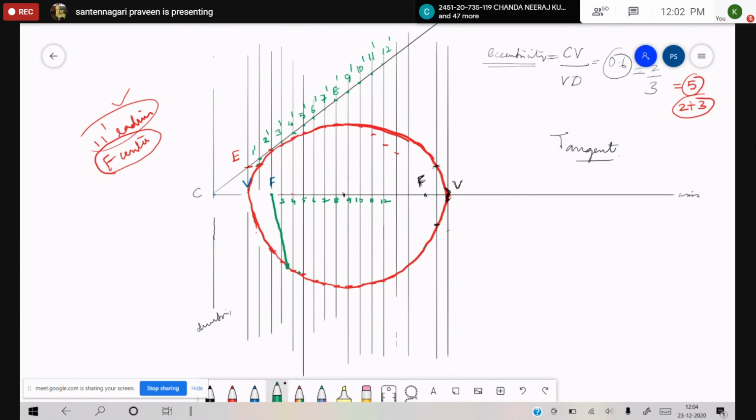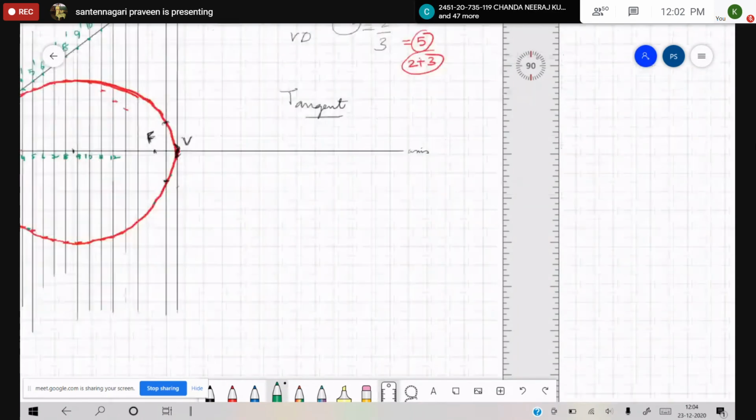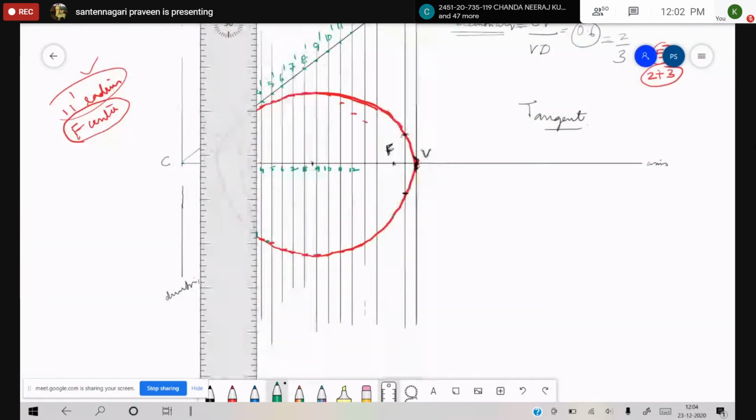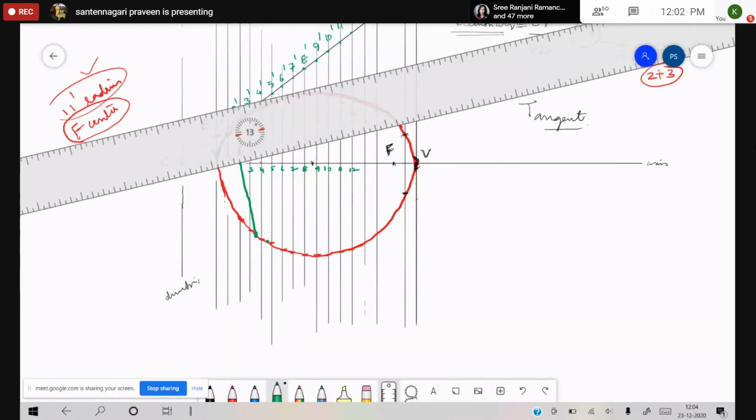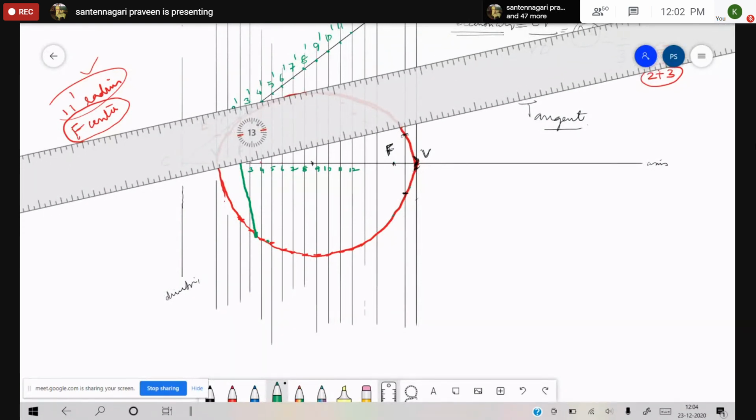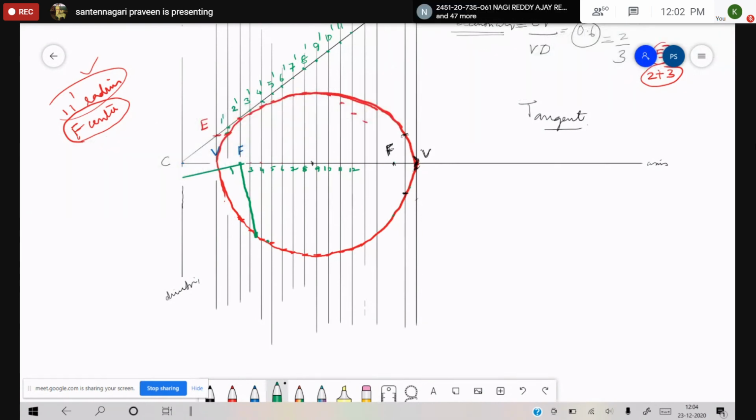So exactly perpendicular to this, we will take a line up to the directrix point. So this angle is 90 degrees. Now where it intersected the directrix line, this point we will mark it.